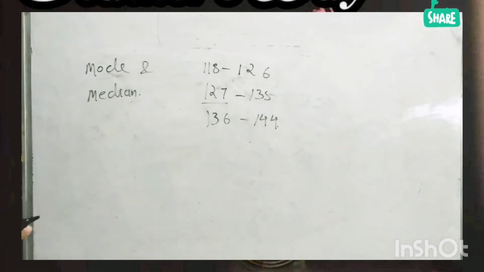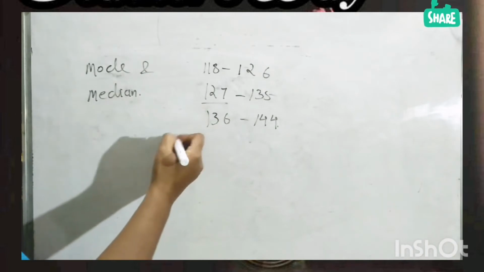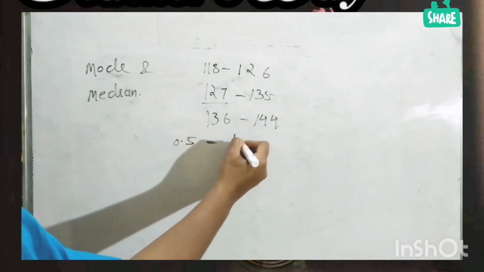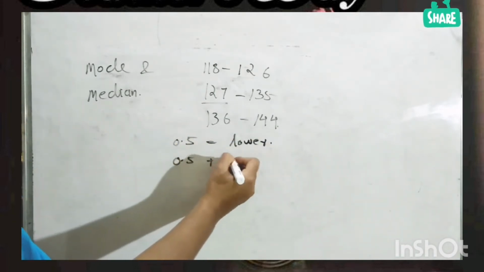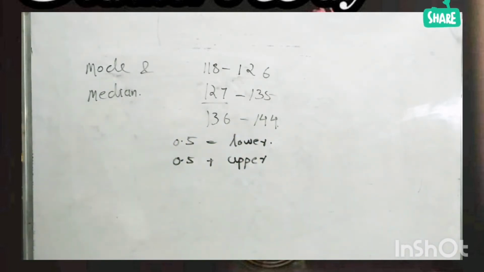To make the class intervals continuous, we subtract 0.5 from the lower limit and add 0.5 to the upper limit. This is the method to make the class continuous.